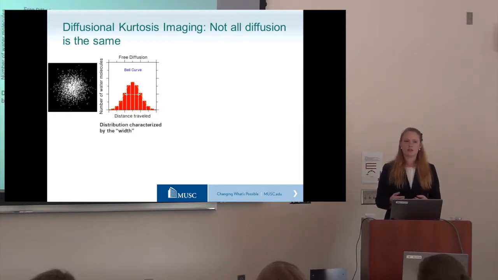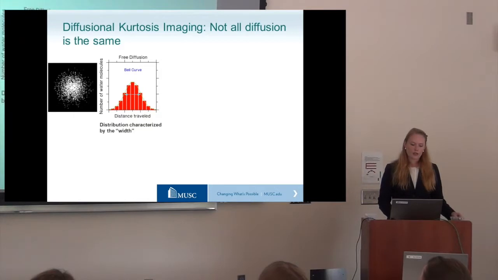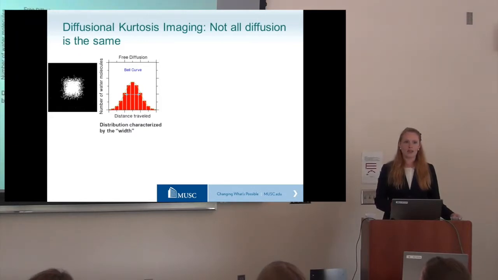This is the underlying foundation of diffusion tensor imaging, which is one of the most widely used techniques in the field. But it's not really realistic to assume that water diffuses freely in our brain. There are many barriers, many different types of cells and structures that prevent water from diffusing freely.